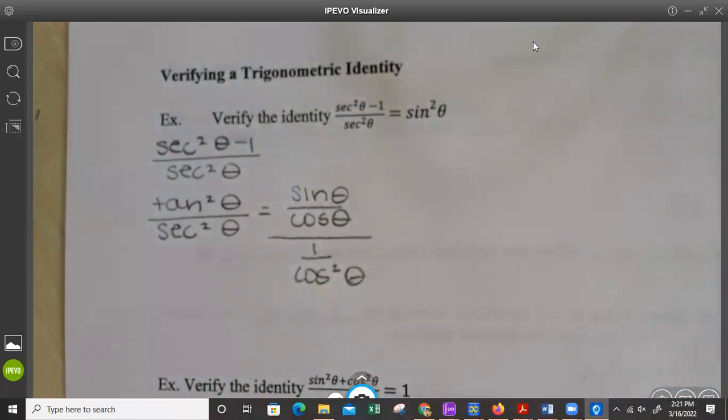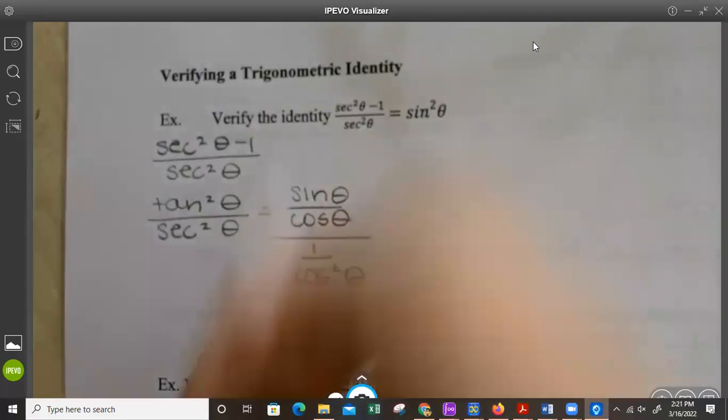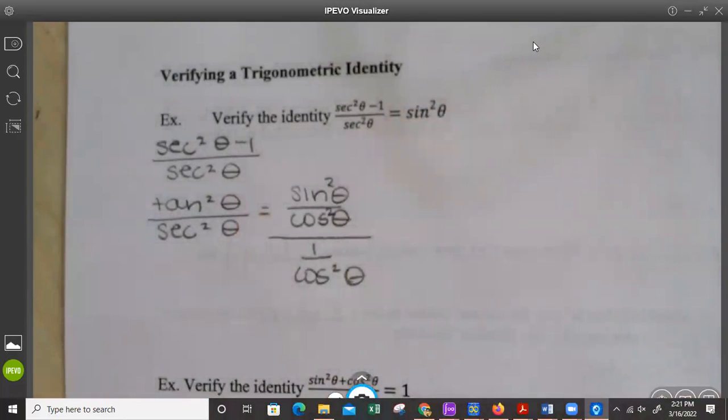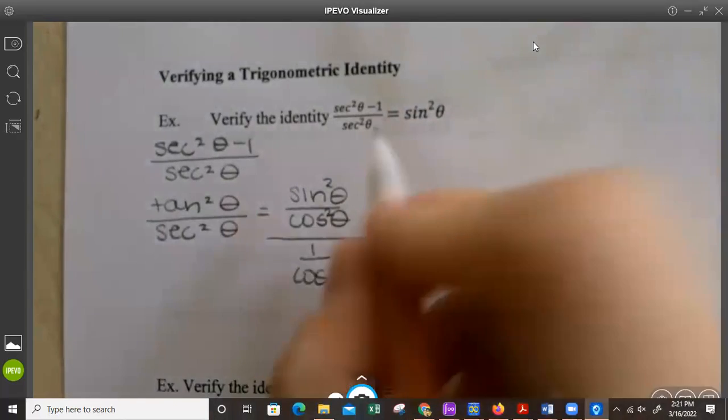So everybody okay with that part? What are you seeing now? What are we shooting for? For sine squared, right? Do we have a sign of the problem there? Okay, do we divide fractions? No, what do we do? Flip and multiply. Sorry, these should be squares. Why should those be squares? Because it's tan squared, so that's my fault.